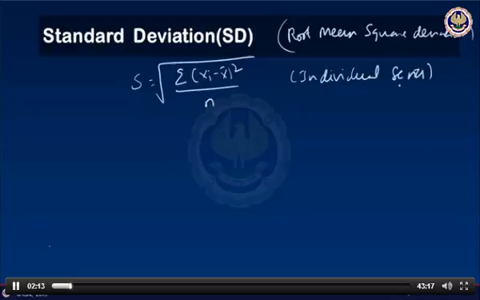In case of standard deviation for the grouped frequency distribution, the standard deviation can be written as the square root of summation of fi into xi minus x bar whole square by n, where n is the sum of the frequencies.